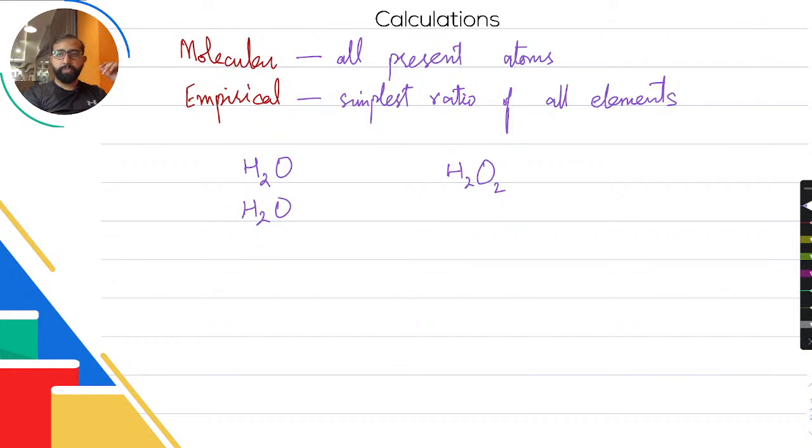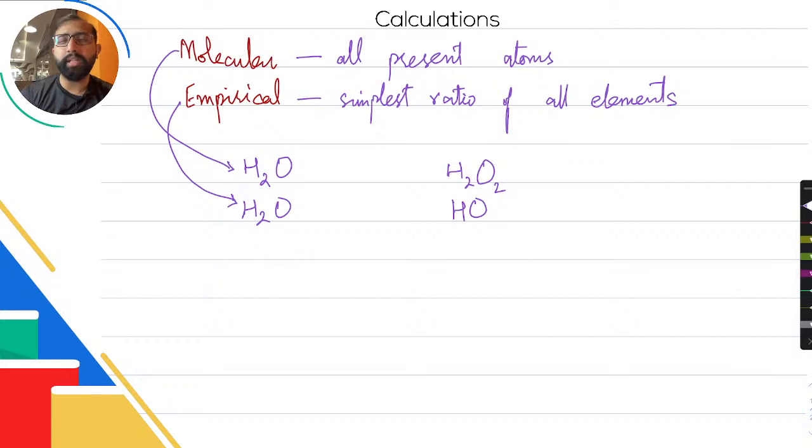So we say HO. Yes, very good, Harun, very good. So it is the simplest ratio of all the elements present. So this is going to give us the empirical formula, and this is giving us the molecular formula. As you can see, for water they're both the same, but for hydrogen peroxide, it is different.